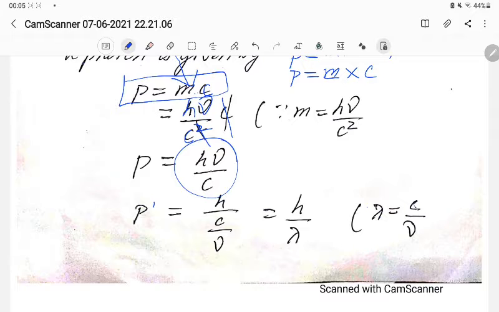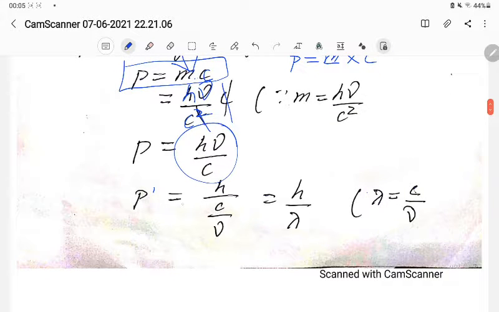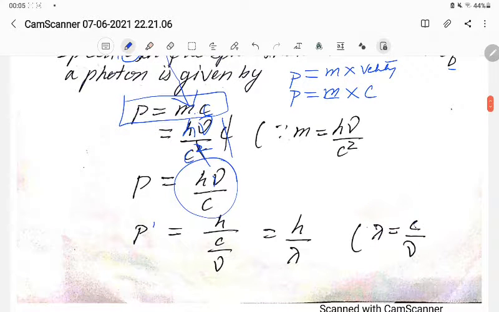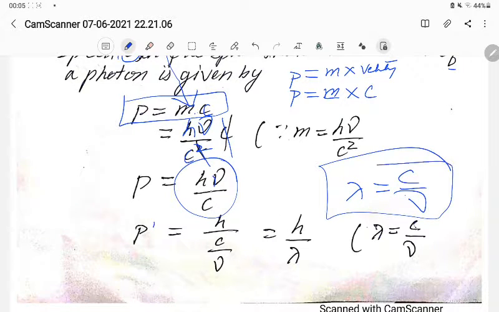Now the next step. We know that lambda equal to c by mu. In Class 11, in the wave chapter, the last chapter, we have studied this one.